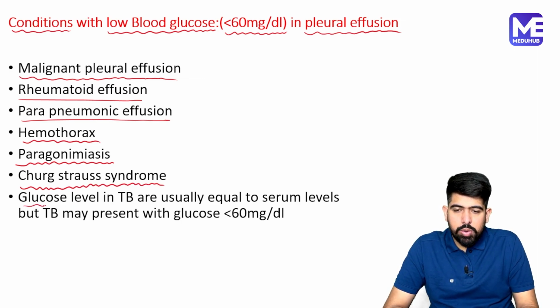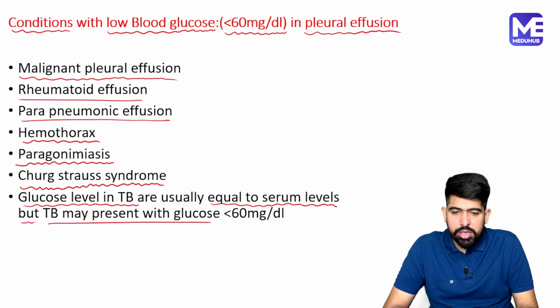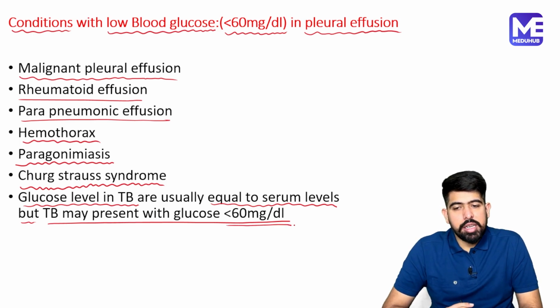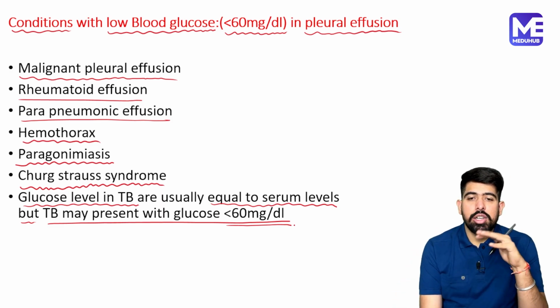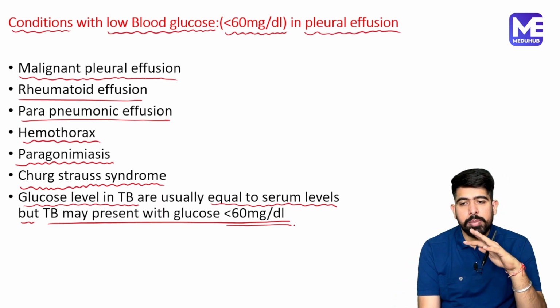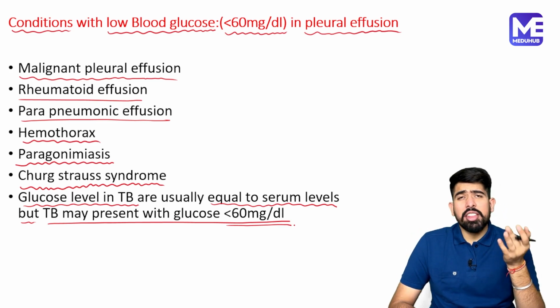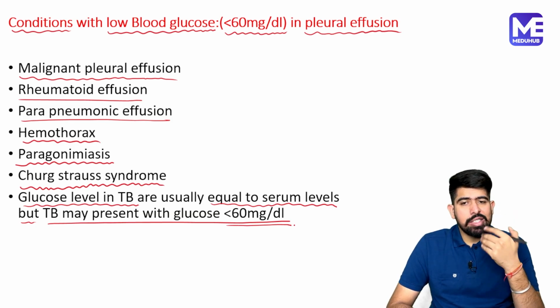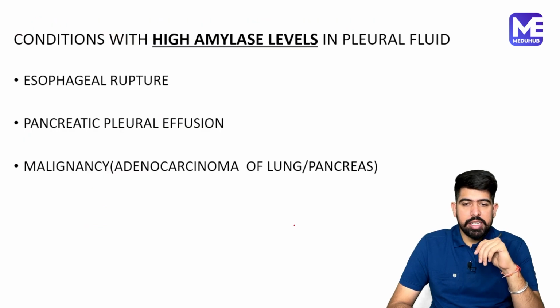And the glucose level in TB is usually equal to the serum levels, but TB may also present with glucose less than 60 mg per deciliter, right? So don't get confused that it will always be equal to the serum level of glucose in TB. No, it can be less also.